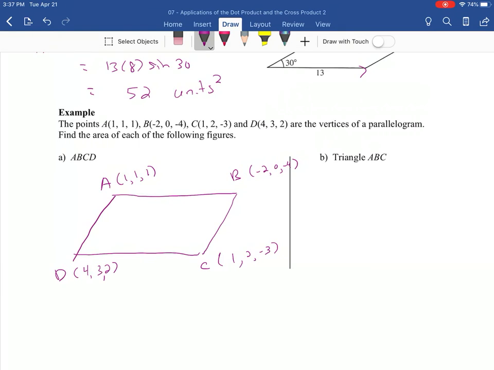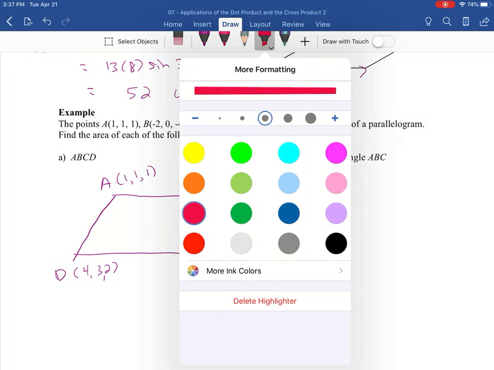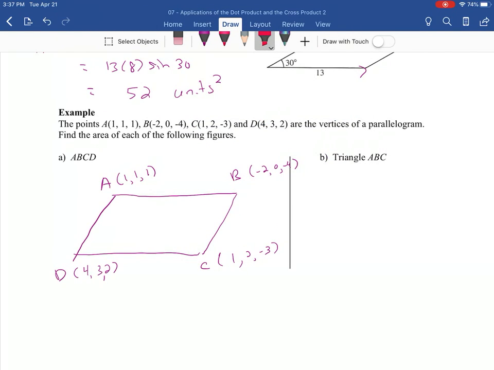Now to find the area of this parallelogram I've got here, I need two vectors, u and v. And the two vectors I'm going to use are, let me draw them on here. This vector here, that'll be my u in the u cross v.